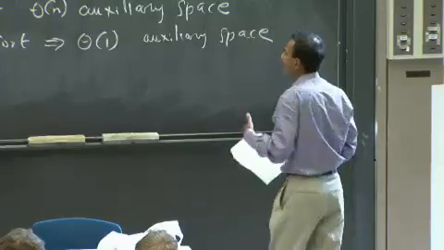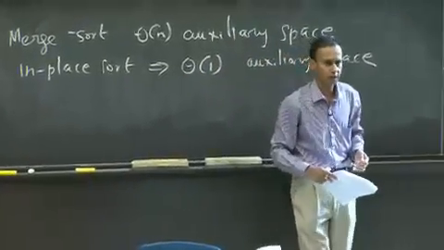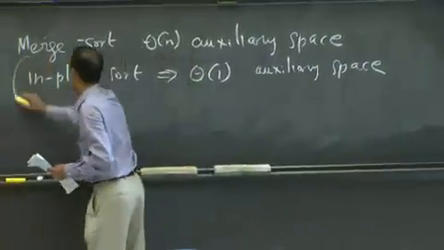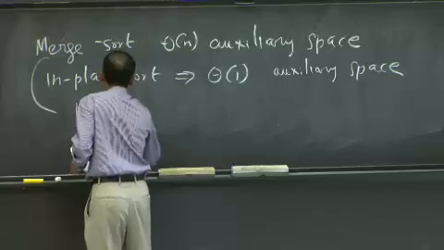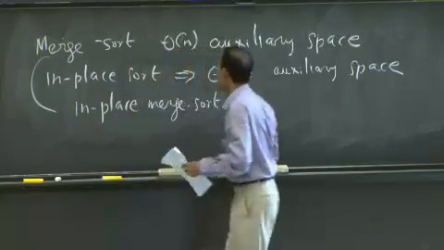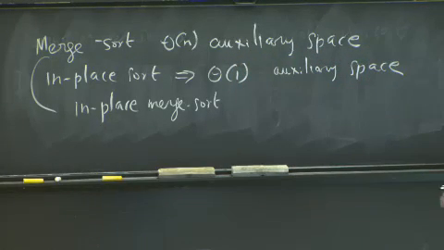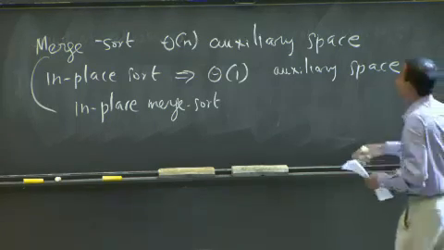Now, it turns out that you can actually go further, and there's a fairly sophisticated algorithm that's sort of beyond the scope of 6006. That's an in-place merge sort. And this in-place merge sort is kind of impractical in the sense that it doesn't do very well in terms of the constant factor.